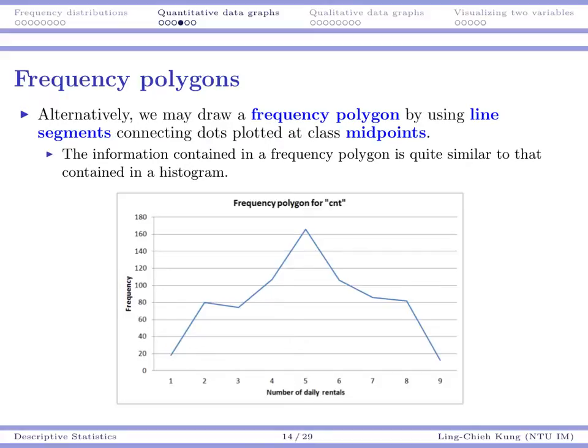It simply replaces those bars by a few line segments. Once a bar is longer, that particular point would be higher. So from this perspective, a frequency polygon is just the same as a histogram.